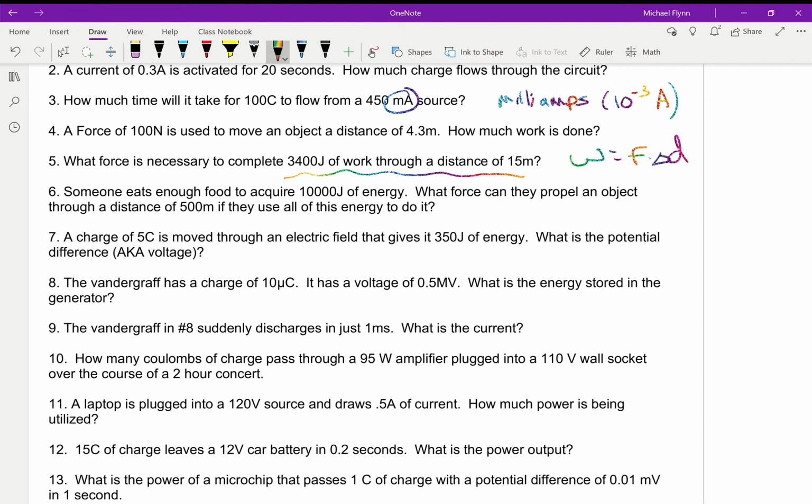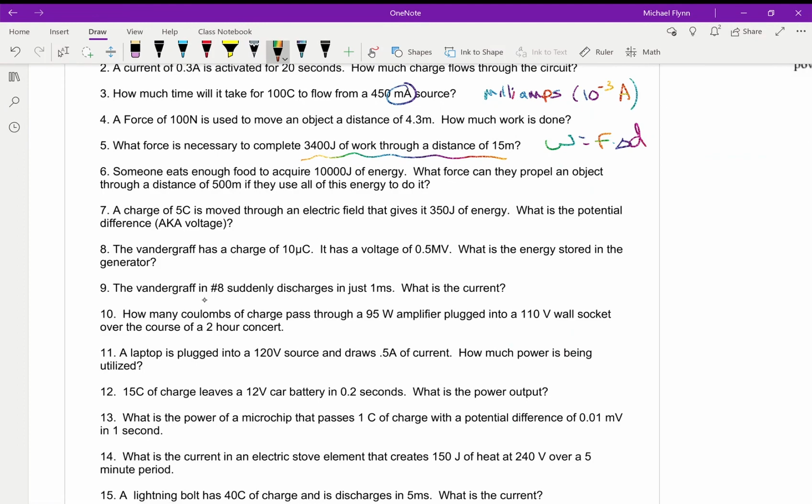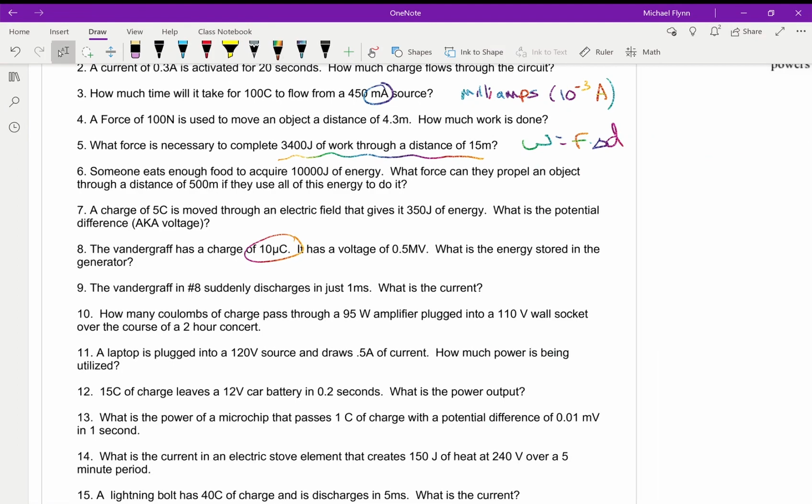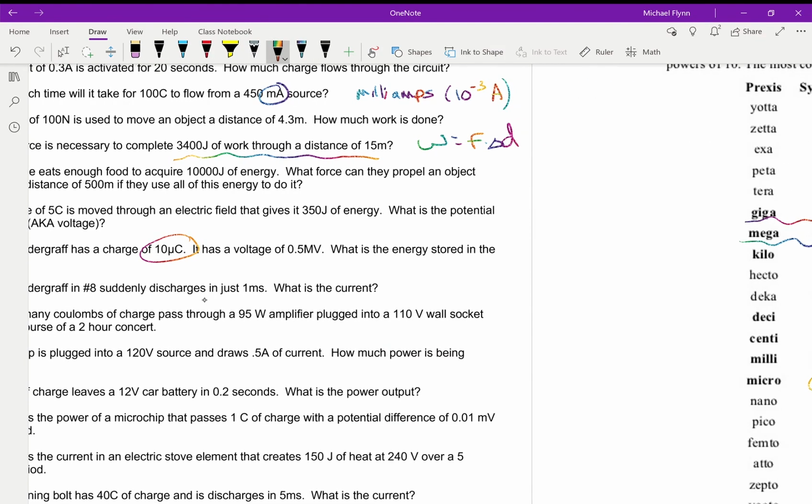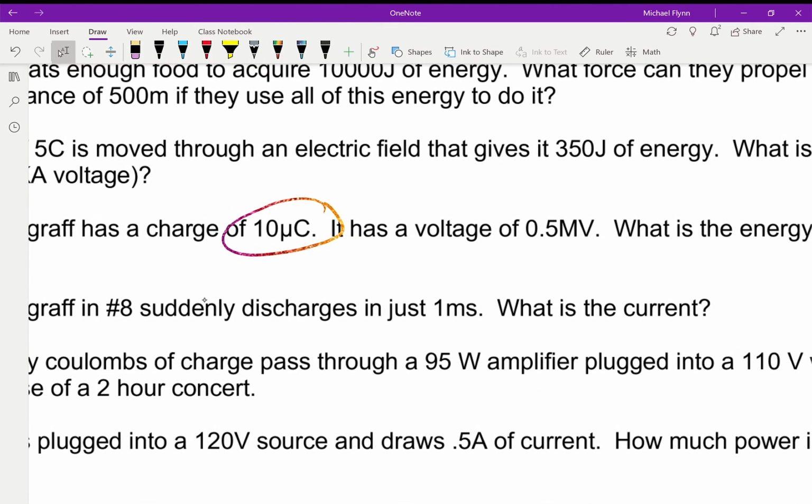We've already done this. Here's microcoulombs. If you wanted to write 10 microcoulombs in coulombs, you would write 10 times 10 to the negative 6. So you go over to the table. Micro means 10 to the negative 6.